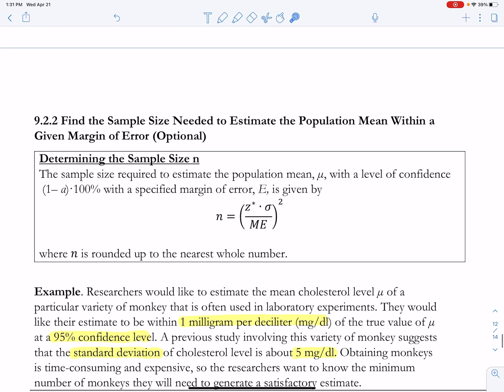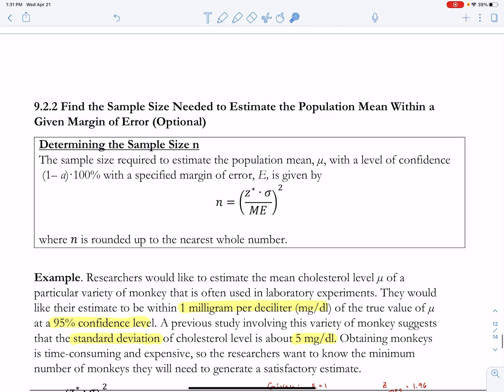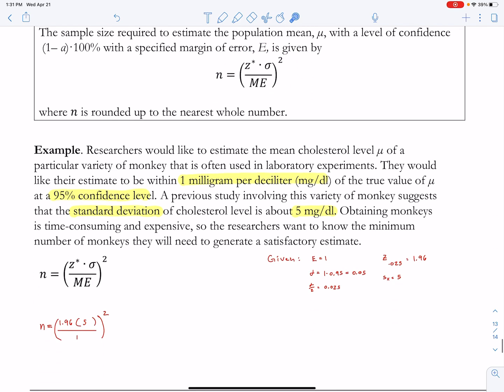So we're finding the sample size needed to estimate the population mean within a given margin of error. What we have here is determining the sample size n. I know this looks chaotic, but let's walk through it. Researchers would like to estimate the mean cholesterol level mu of a particular variety of monkey that is often used in laboratory experiments.